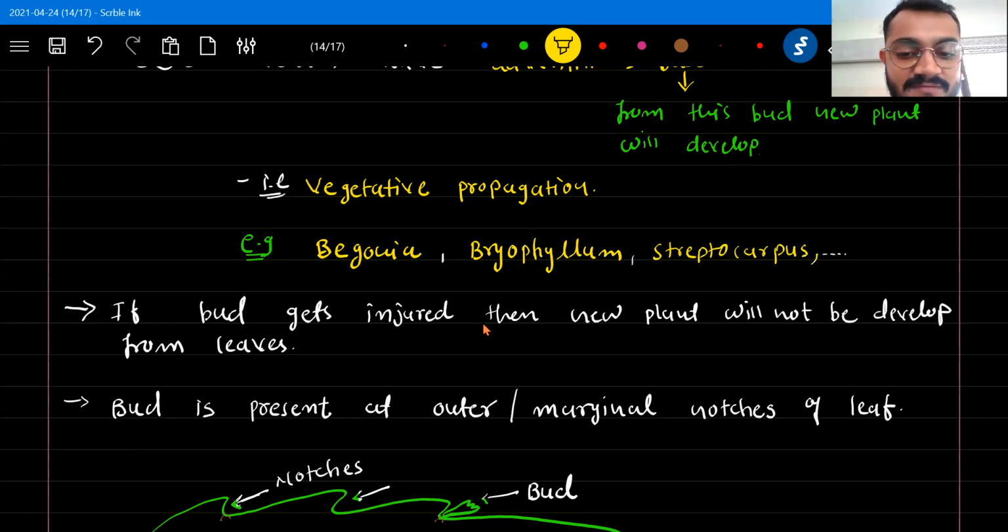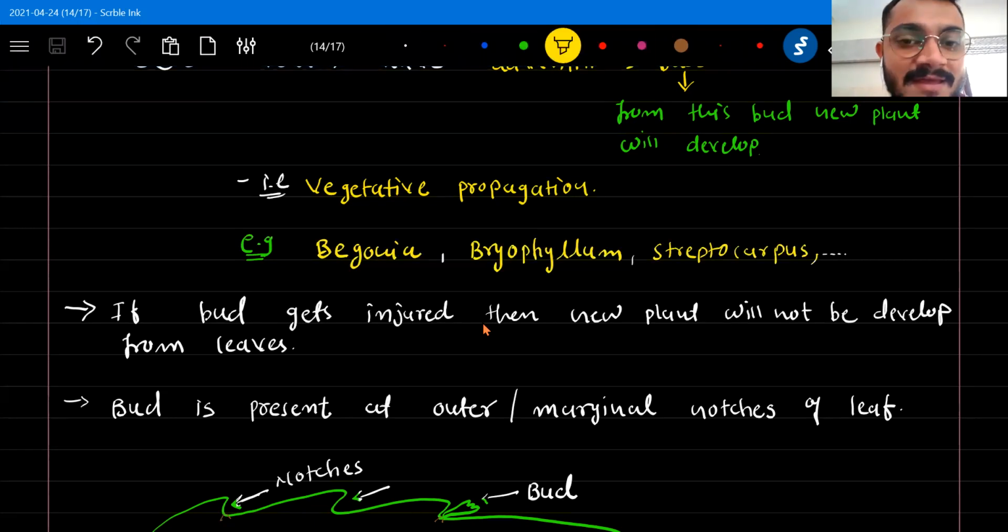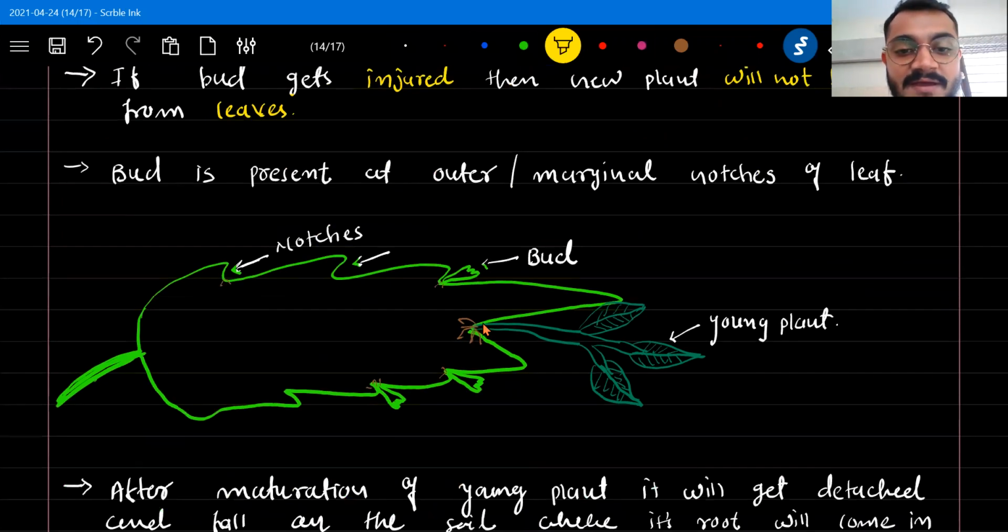If the bud gets injured, then a new plant will not be developed from the leaves. So whatever bud is present on that leaf, if it gets injured, a new plant will not develop from it. The bud is present at the outer marginal notches of the leaf.